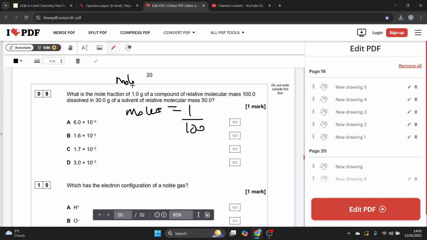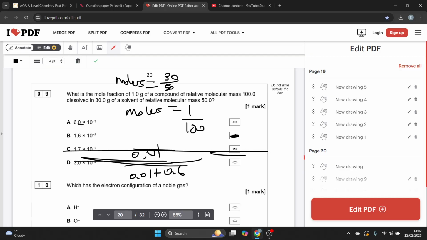Then I need to find out the moles of what's dissolved, 30 divided by 50, which is 0.6. Then 0.01 divided by 0.01 plus 0.6 gives 0.016, or 1.6 times 10 to the power minus 2. 9b.